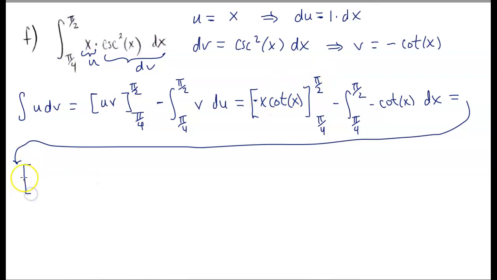So we'll say minus pi over 2 cotangent of pi over 2, minus pi over 4 cotangent of pi over 4.